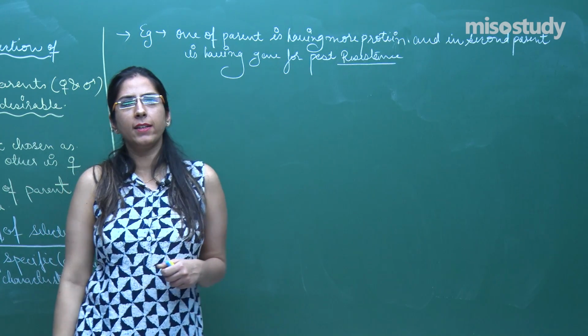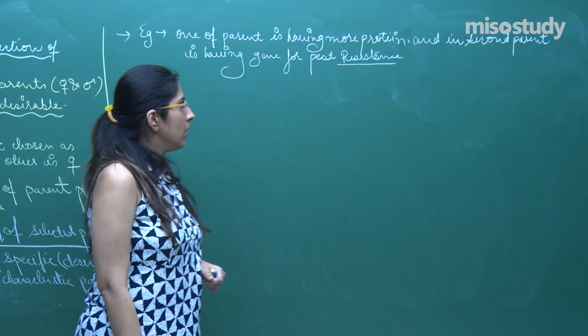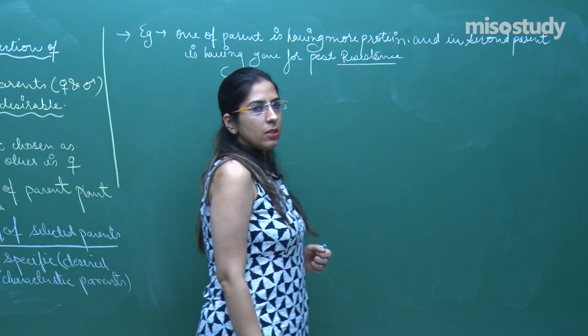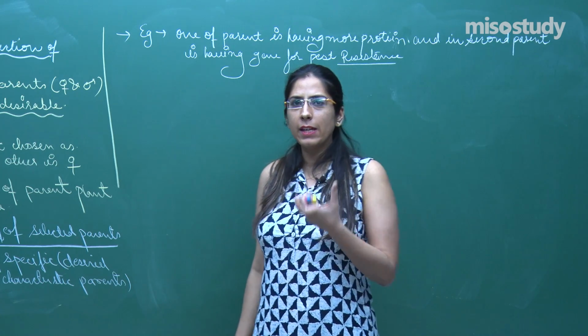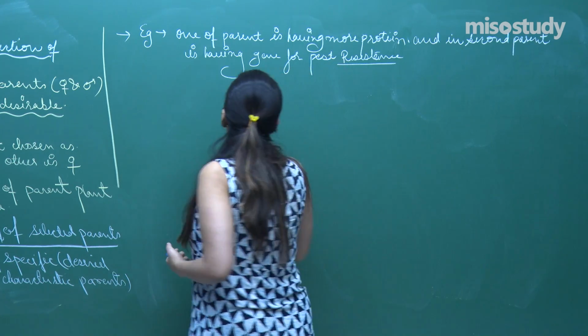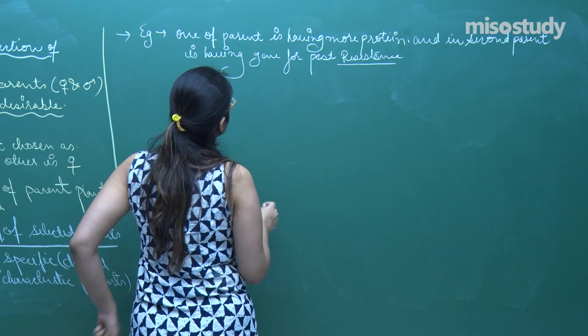Suppose these are the two characteristics present in them. After hybridization, there are chances that these two genes will accumulate in the daughter seeds.